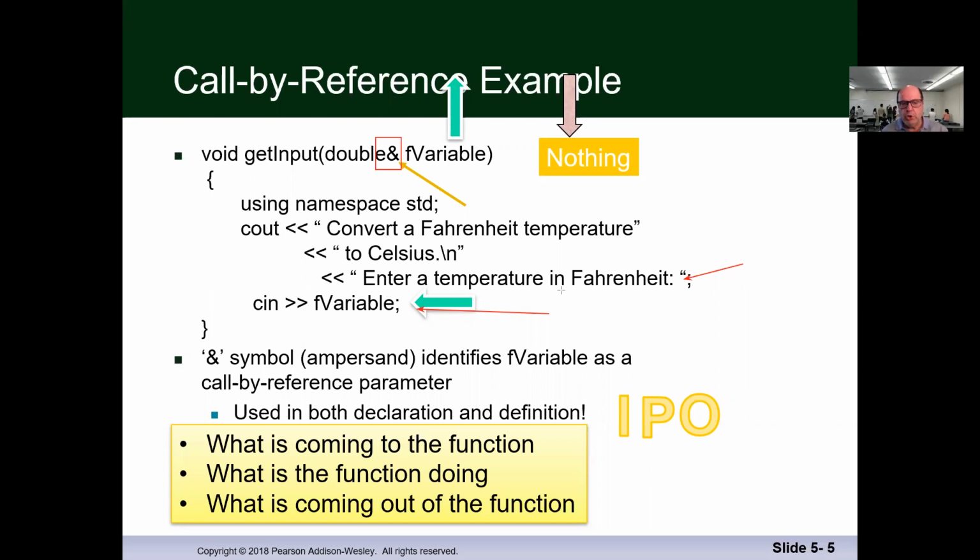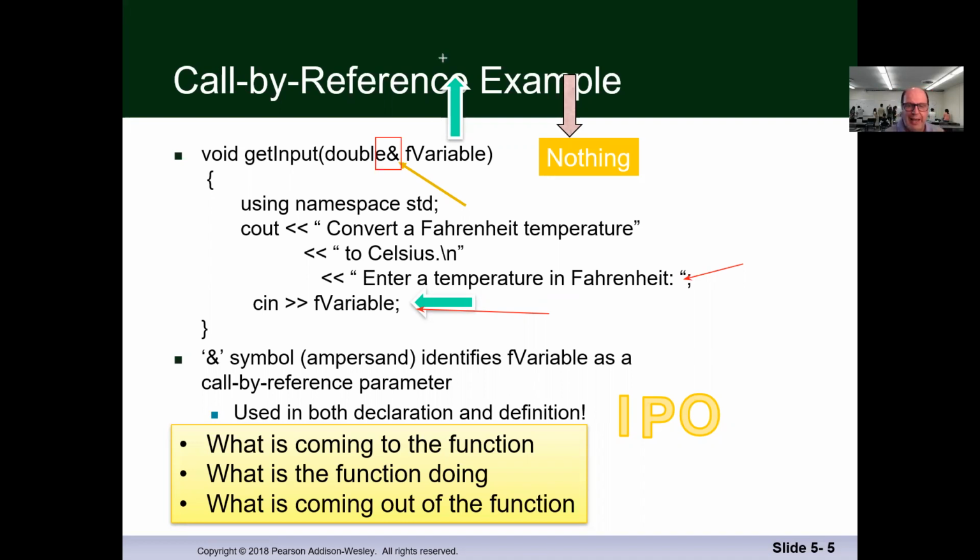Now, I could do this a little differently. I could have get input with no parameter and just return a Fahrenheit. Because it has only one return value, I don't have to do it through a parameter. We're going to do it the parameter way right now for practice. I just want to give you different options.